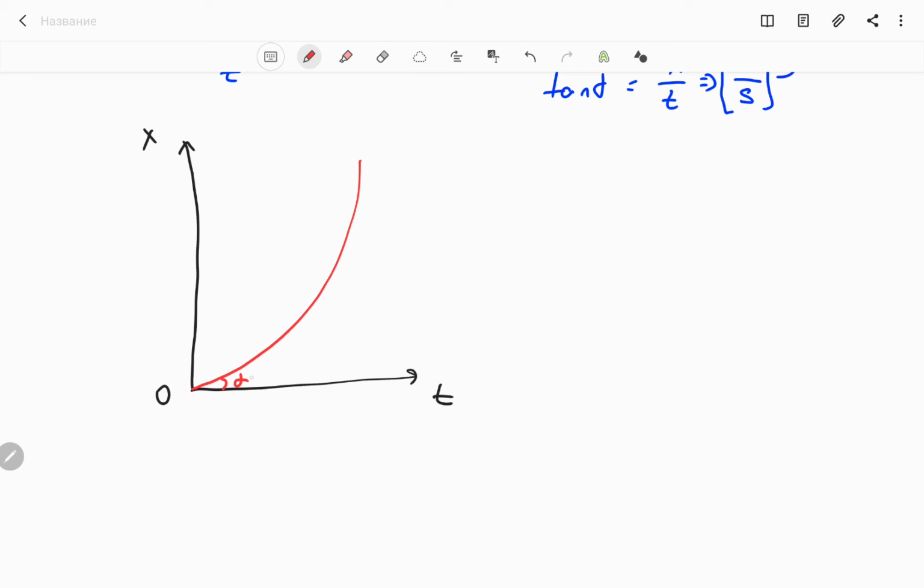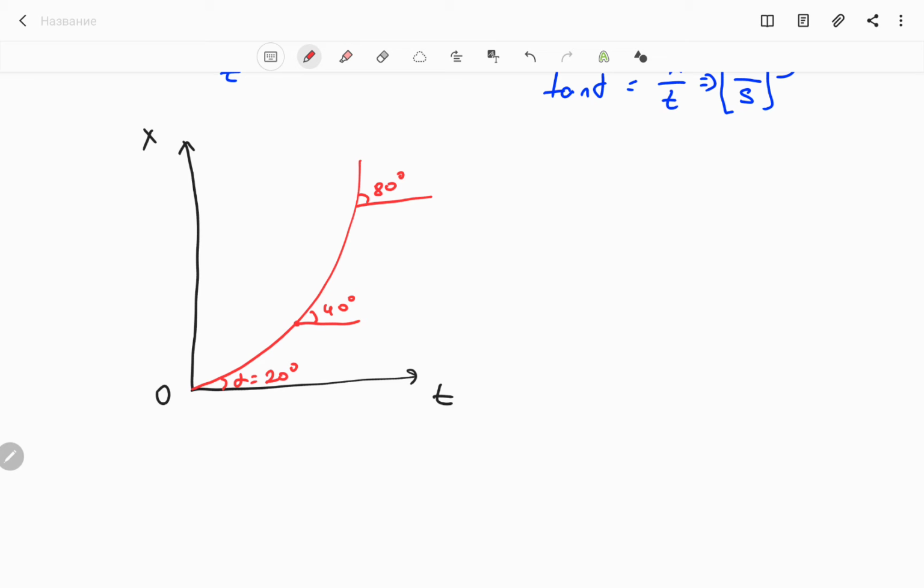For example, here let's say 20 degrees, here maybe 40, here it's close to 80, etc. As you see, this angle is increasing, and the tangent alpha will also increase. So it means velocity also increases.